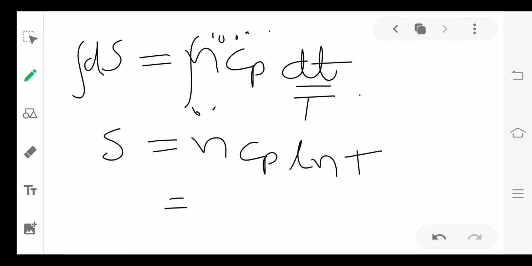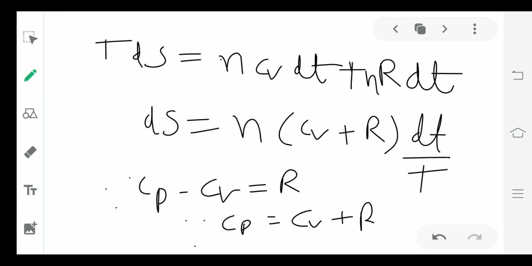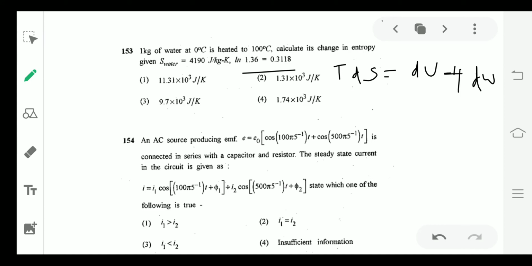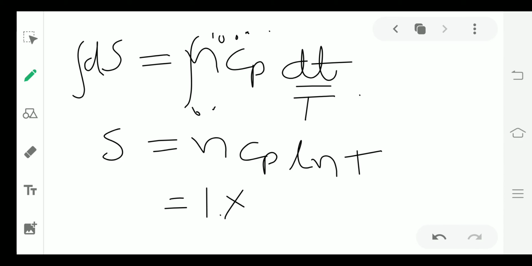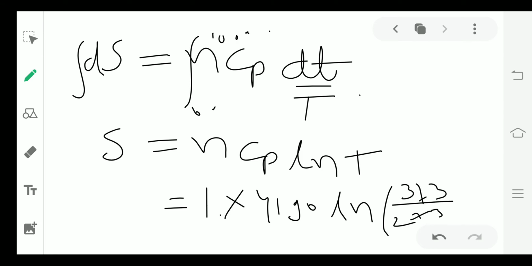On putting the values, 1 kg of water is given, so we put the value 1, and 4190 is the value of specific heat, and ln of final temperature 373 upon 273.